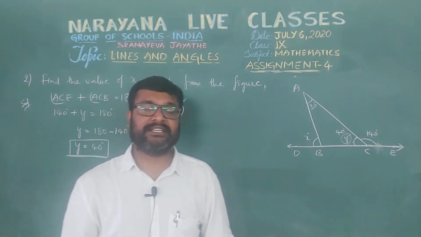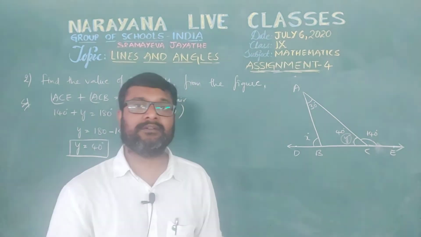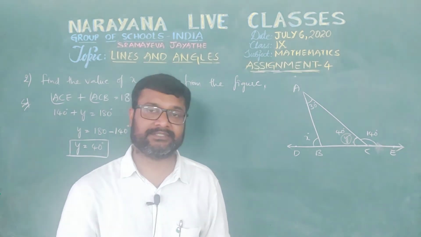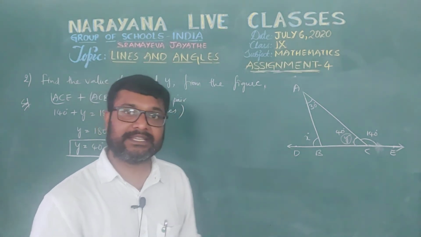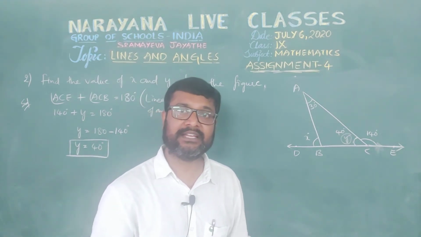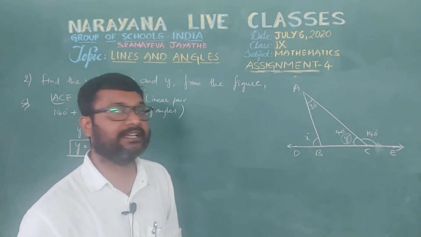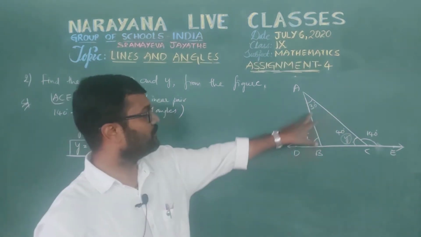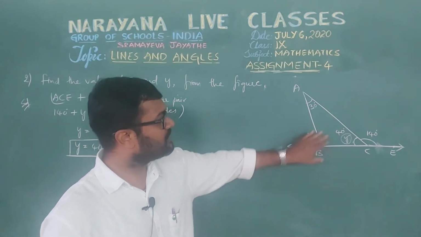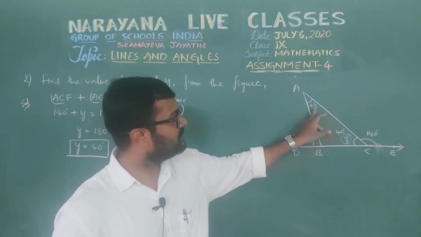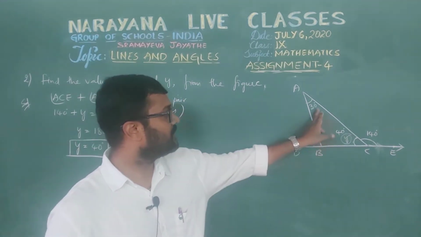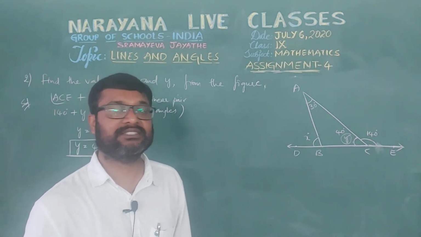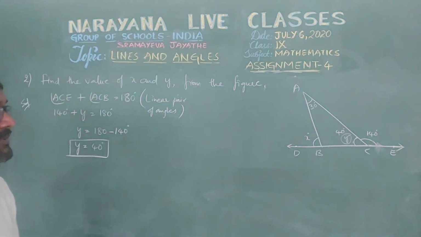The exterior angle is equal to the sum of the interior opposite angles, or the sum of the interior opposite angles is equal to the exterior angle of a triangle. For example, if you take this exterior angle X, what are the opposite interior angles? This one and this one. So the sum of these two is equal to this. That is one property from triangles.